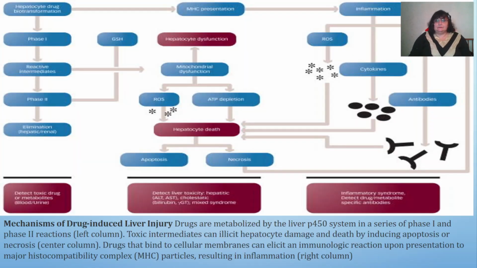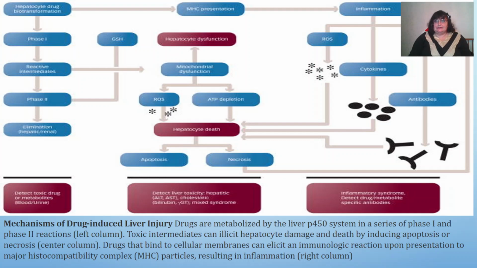Mechanism of drug-induced liver injury, you see this is a cascade. It includes hepatic dysfunction, mitochondrial dysfunction, oxidative stress radicals, ATP depletion, and as a result it can be hepatocyte death, apoptosis or necrosis.